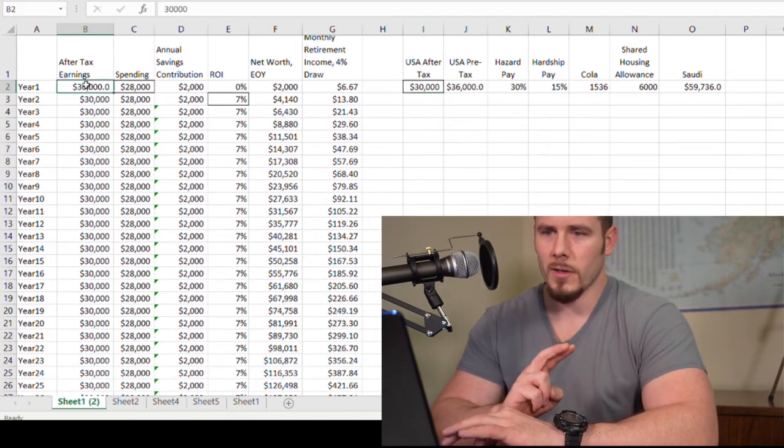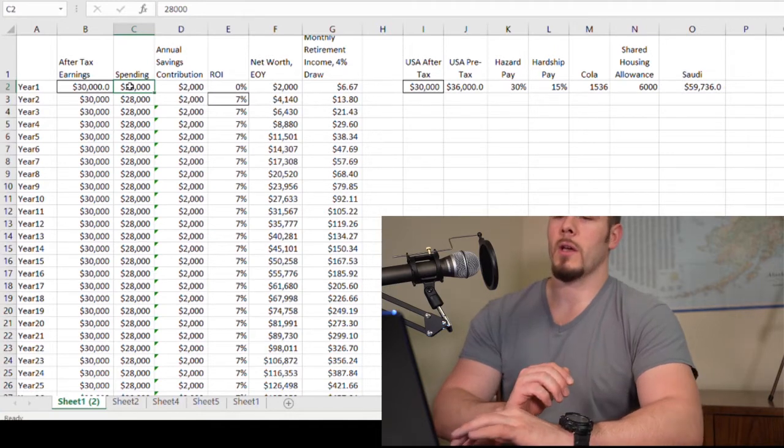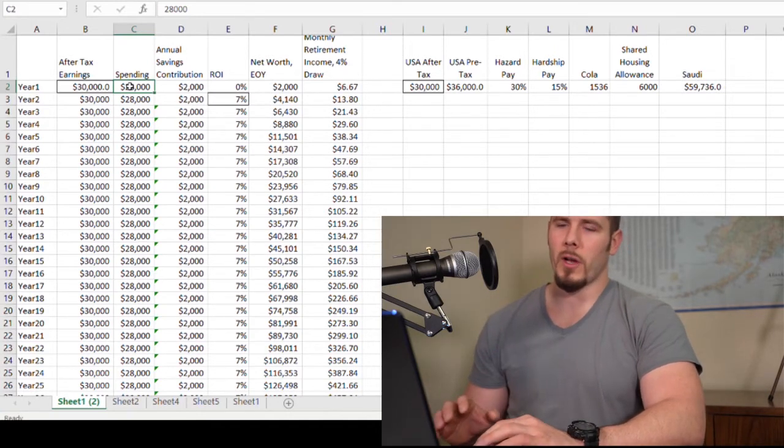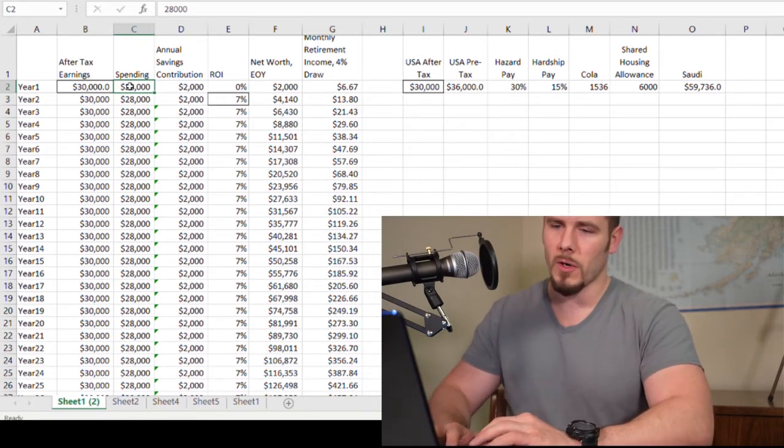The second factor is your spending, and we input that in that cell. Now, this model doesn't include annual raises, doesn't include inflation for spending. So it's a simplified model, but we can enhance it later to include those. For now, I just want to keep it simple to get the main concept across.